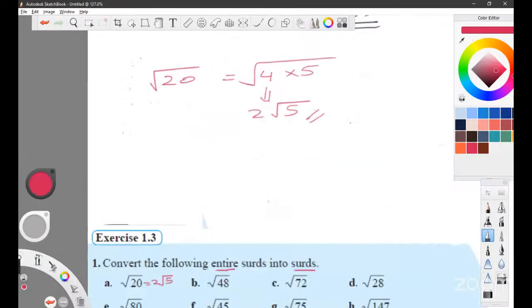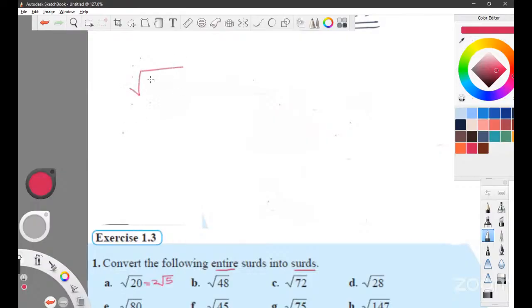Now second question. Everything is entire surds. You have to convert this into surds. So root 48, what are the factors of 48 that you know? Very easy one is 16 times 3.